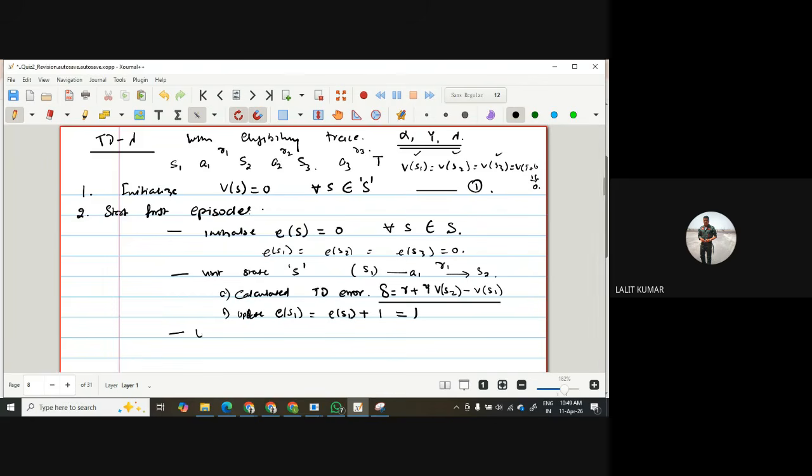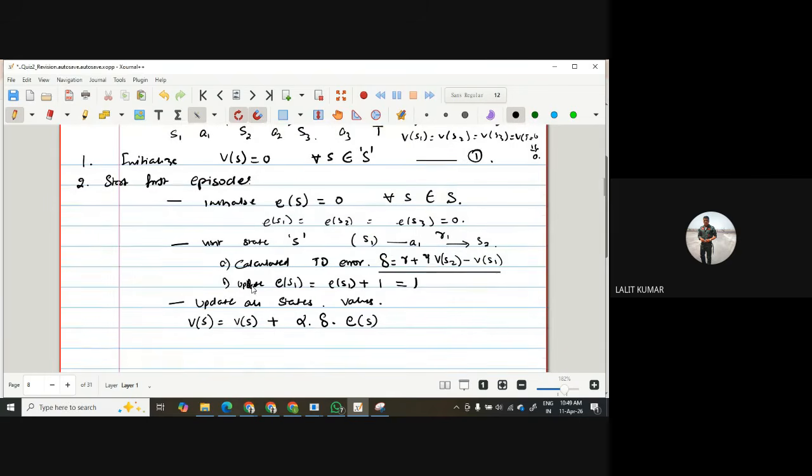Now you update all states' values. The formula is V(s) equals V(s) plus alpha times TD error times E(s). So see what is happening here: when I am at state S1, I am also updating S2 and S3.